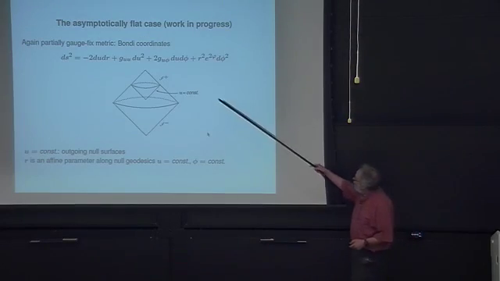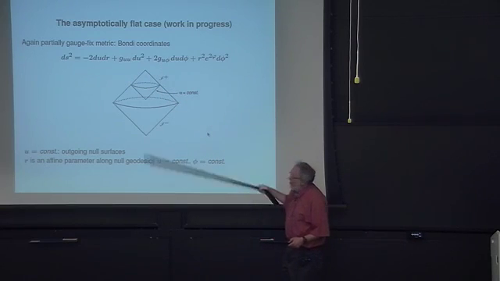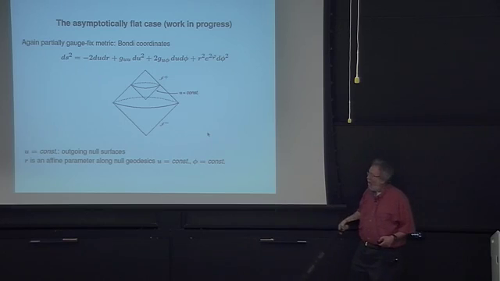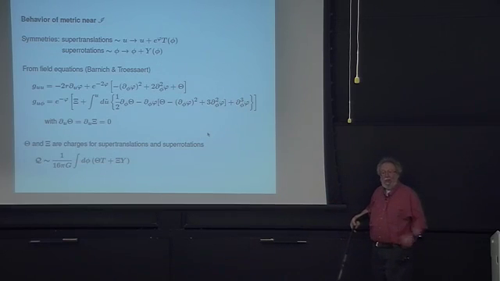And you can solve the field equations and find the formula for these remaining components, G_uu and G_uφ, in terms of the conformal factor φ. And you get something. It's just some expression.